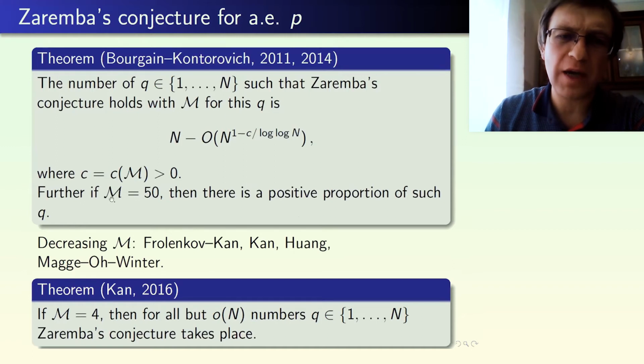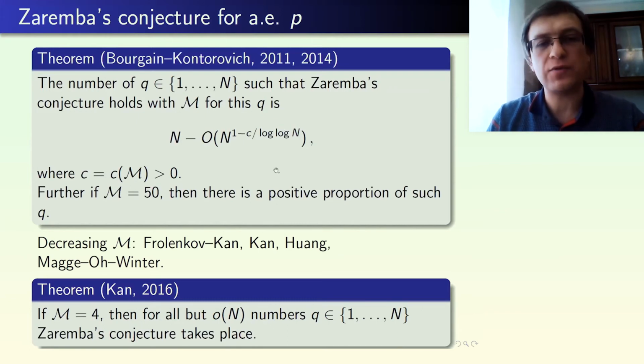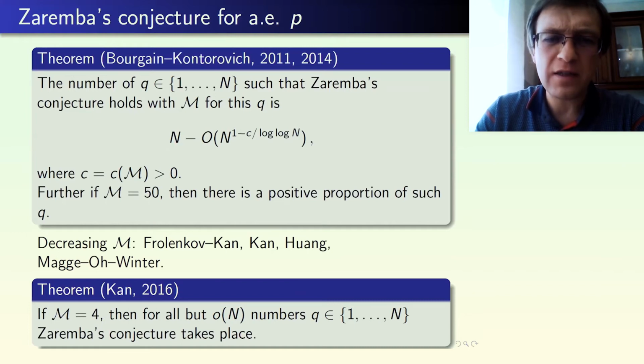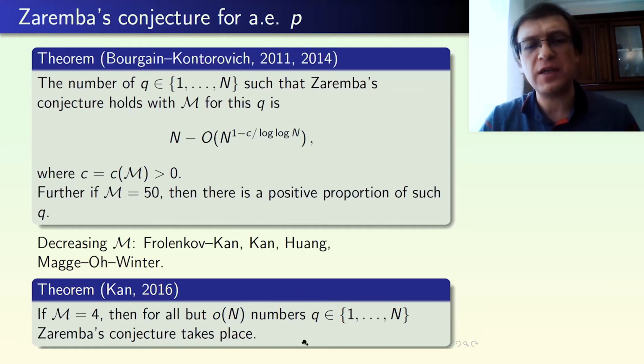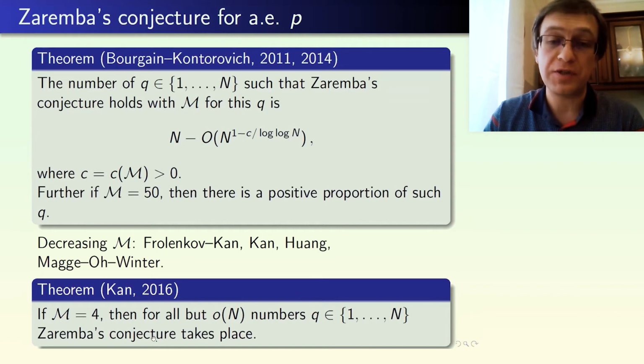And they took m equals 50 in their result. After that, their results were improved by Frolenkov, Kan, and other mathematicians, and the best result here belongs to Kan, who proved that even for m equals 4, almost all q satisfy Zaremba's conjecture.